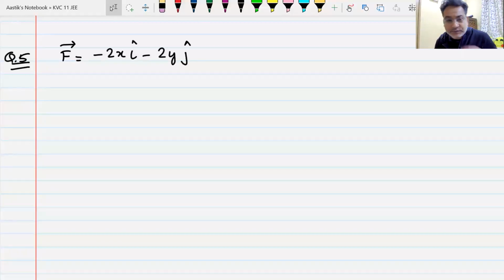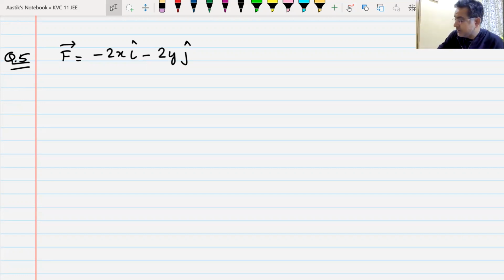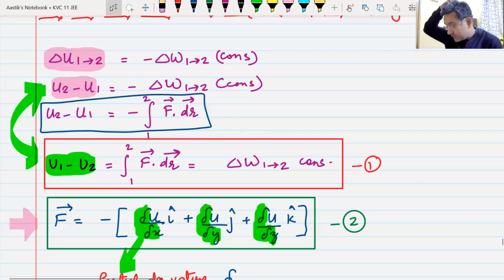So how are you supposed to do this? Well, I have already told you, if it was given to you from where to where you have to find out, you need to find out the potential energy difference. No point is given here. The formula that I gave you was in the point form, between 1 and 2. How do I find it out? I had given you the formula in terms of definite integral.